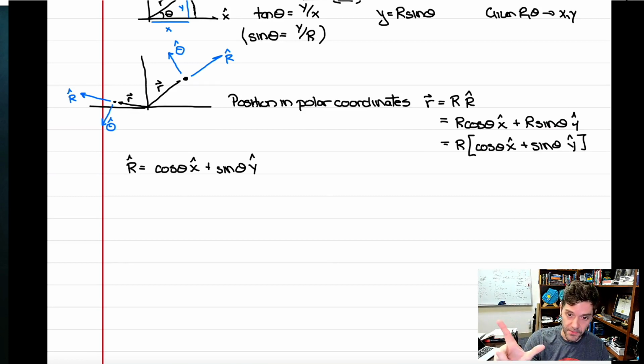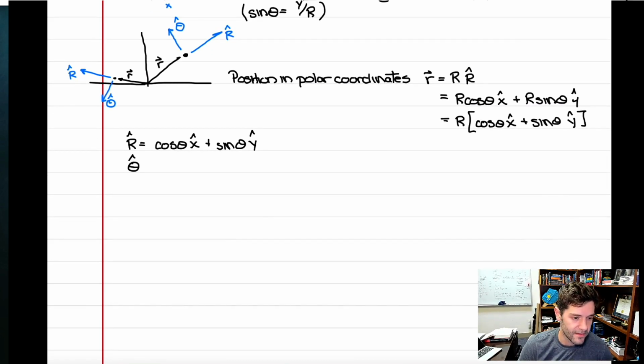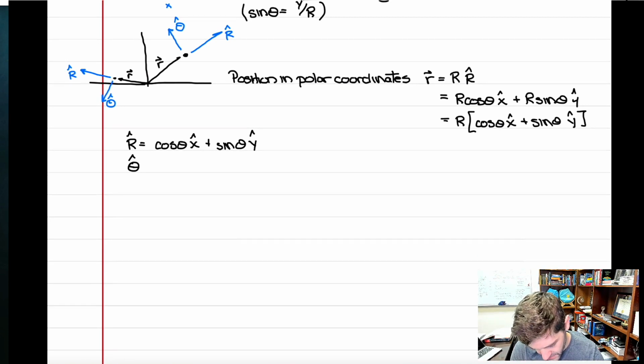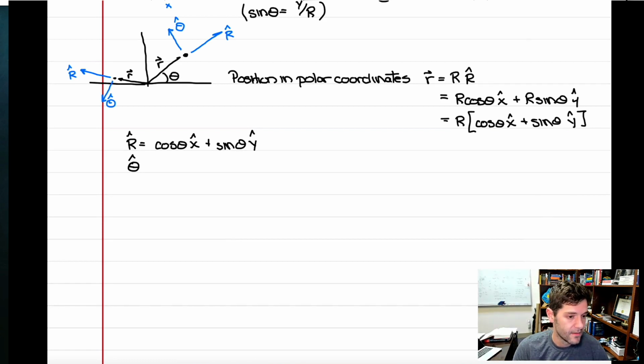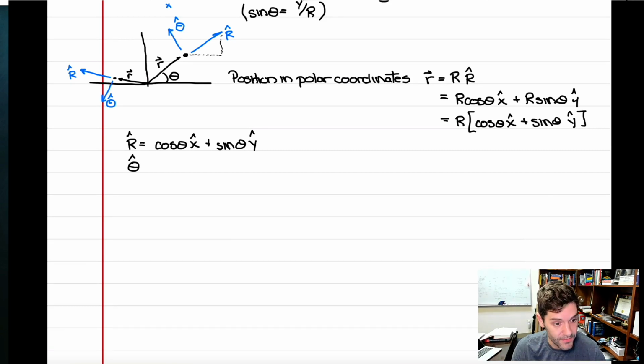There are two axes, of course, that are perpendicular. So we also want to be able to specify what the unit vector in the theta direction should be. And it's not that hard to come up with an expression for this as well. To define this, we projected the unit vector onto components along the x hat direction and the y hat direction.